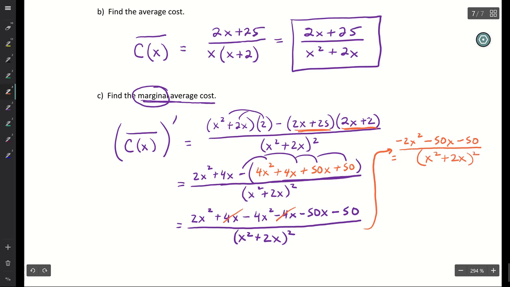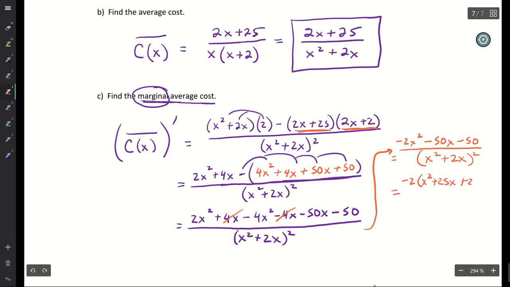All right, and then from the top, it looks like there are some common factors. So definitely we can pull out a 2, and because the first term's negative, we're going to pull out a negative 2. So we'll have negative 2, and then that leaves us x squared plus 25x plus 25.